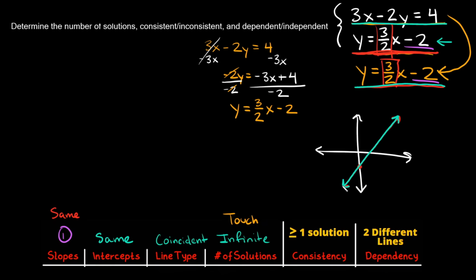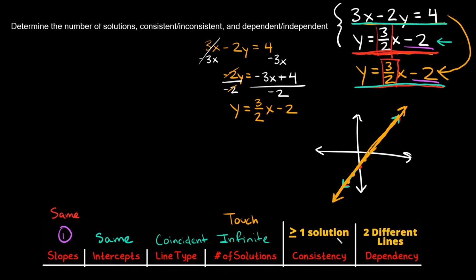So at what points do both of your lines touch? Well, they're both touching right there, right there, right there, right there, right there, right? Along the entire line, they are always touching because one is literally just on top of the other. They are the exact same line, okay? So that's why they have an infinite amount of solutions, right?